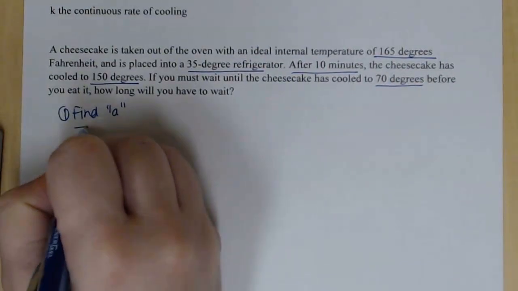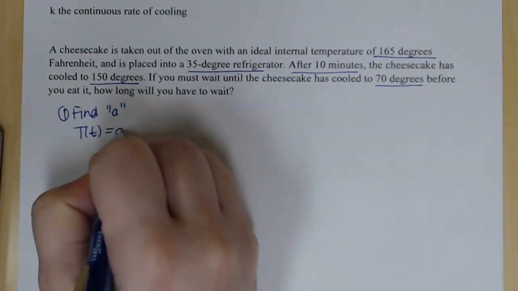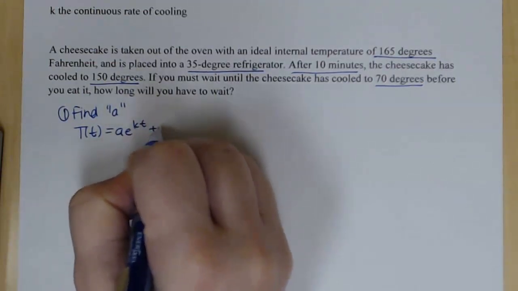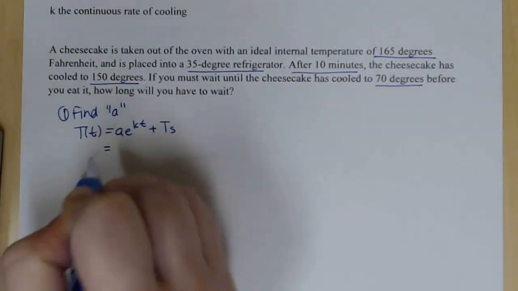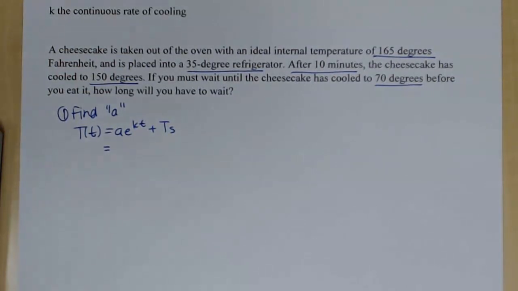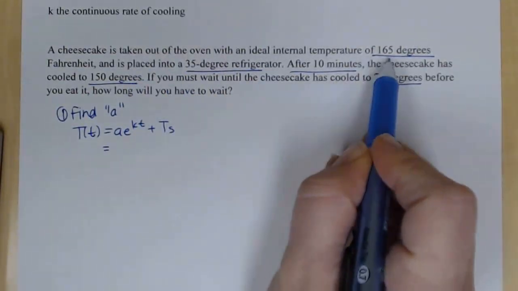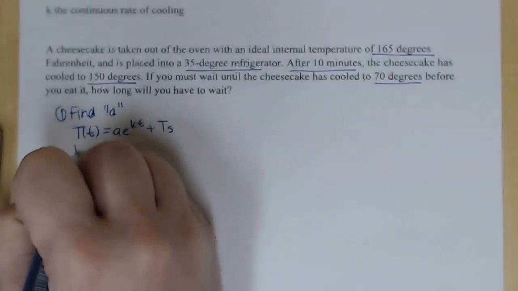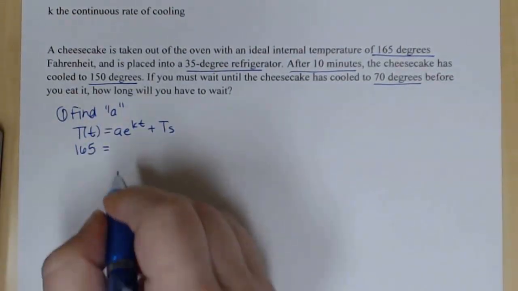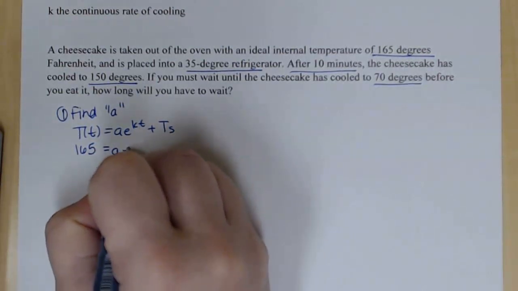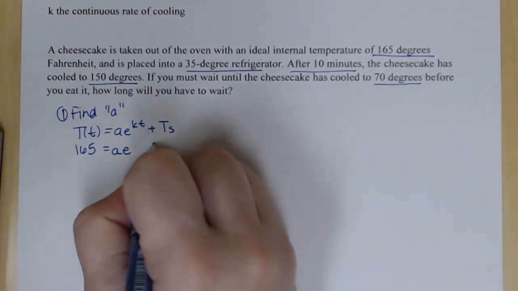So I'm going to work with this problem here. T sub t is equal to A e to the kt plus T sub S. And let's figure out what we know. First of all, it is taken out of the oven at an ideal temperature of 165 degrees. So that's my total temperature. I'm trying to find A. E is just a number.